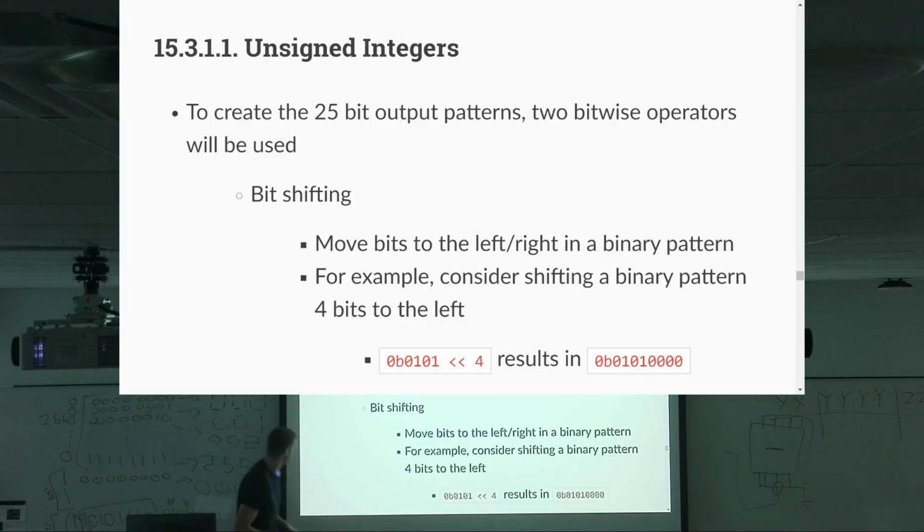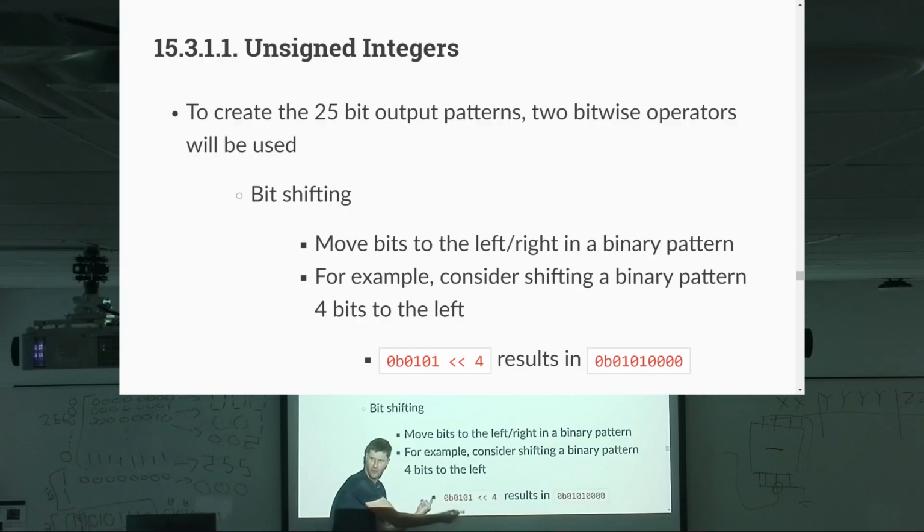That's all it is. If I had the pattern 0, 0, 0, 1, and I bit shifted it to the left 1, I would have the pattern 0, 0, 0, 1, 0. I'm including the leading 0. I guess I don't really need to, but I am. So, makes sense? Basically, move these to the left 4, but every time you move, you add a 0, so the places still exist.